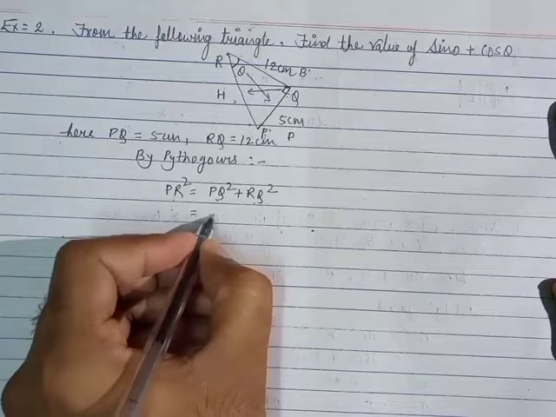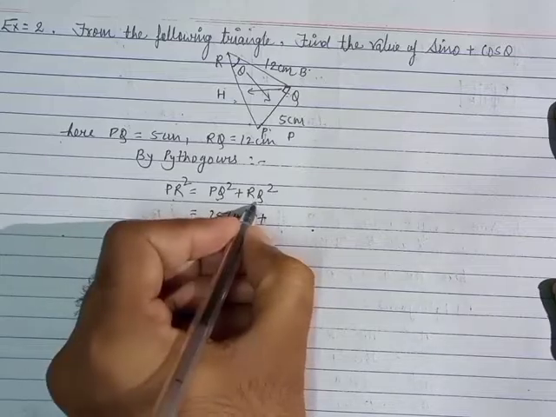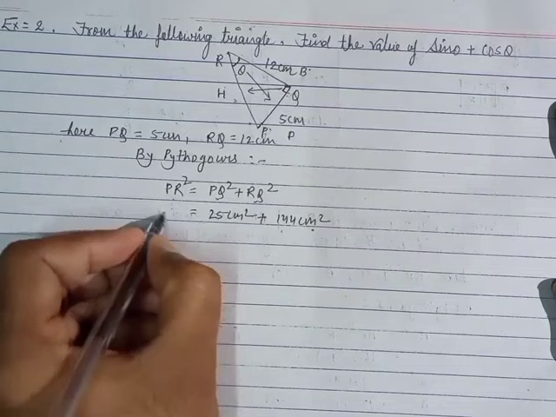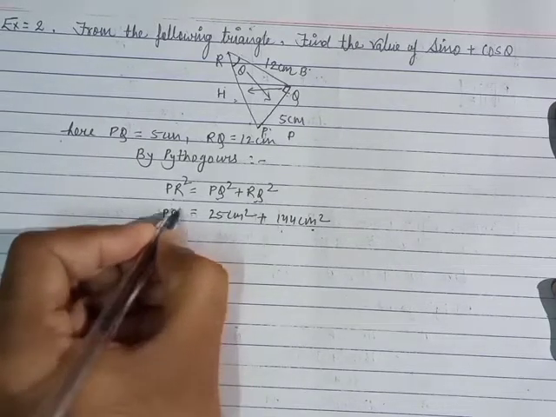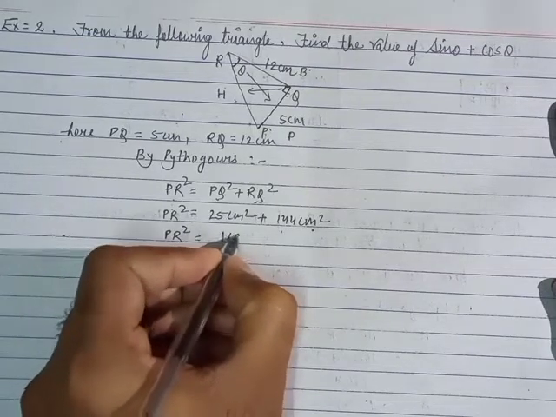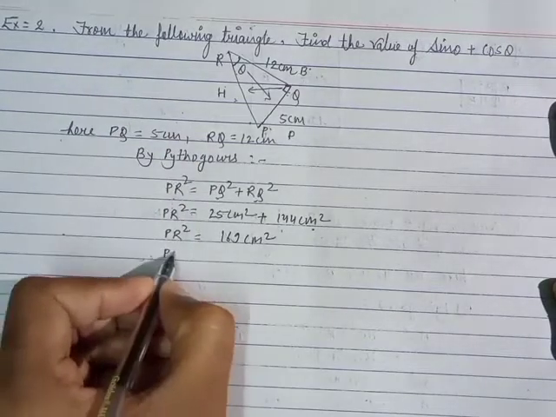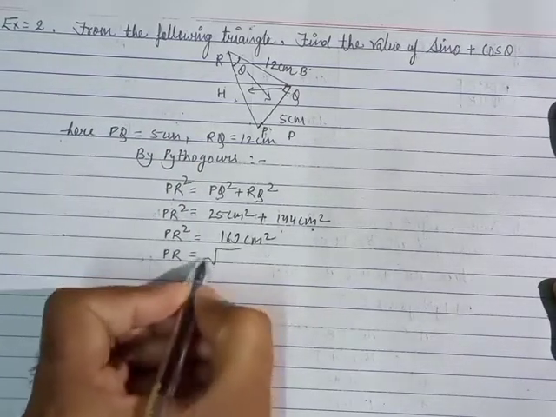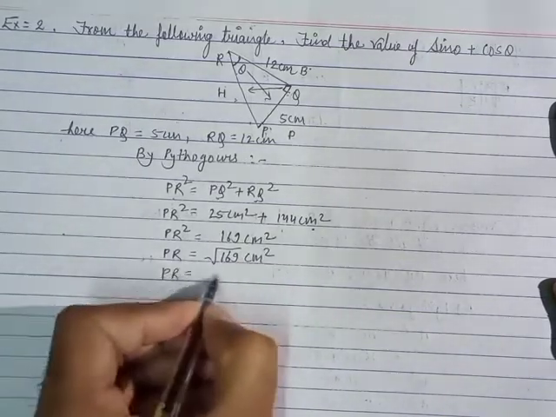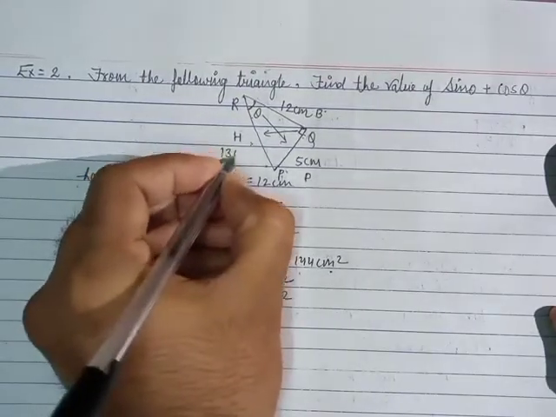PQ value here 5, so square of it gives us 25 centimeter square, plus RQ value here 12 and square gives us 144 centimeter square. We want to find out the PR square. It will be 169 centimeter square. When we find the PR value, it will be under root 169 centimeter square. Then PR value will be 13 centimeter. So the value of hypotenuse will be 13 centimeter.